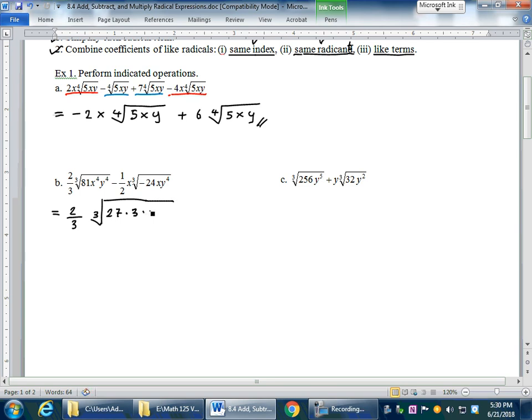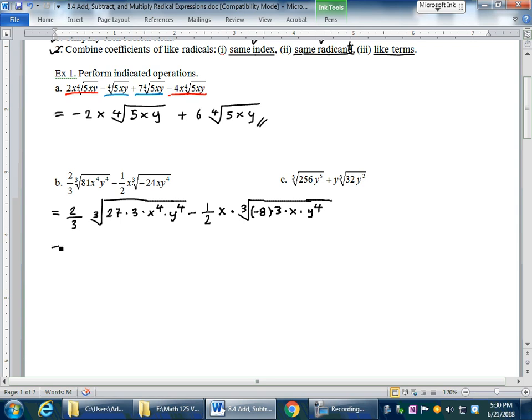And then I can rewrite it with x to the 4th power times y to the 4th power. Minus 1/2 x times cube root of, for the second radical, negative 24. We also know that negative 24 has a perfect cube number, which is negative 8 times 3. And then times x times y to the 4th.